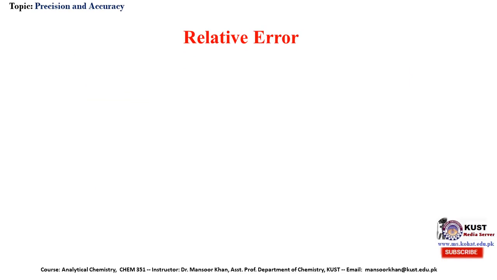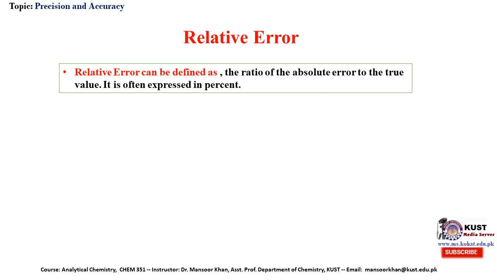The second one is relative error. Relative error can be defined as the ratio of the absolute error to the true value. It is often expressed in percent. Relative error is basically when we divide the absolute error by the true value, then multiply by 100 or by 1000, then we obtain relative error.